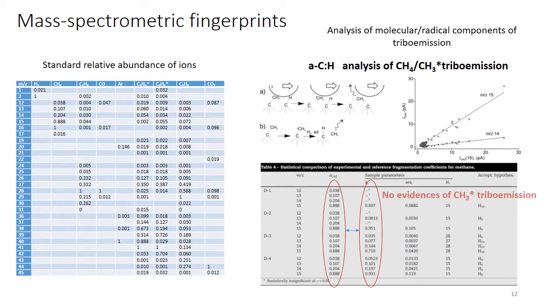And what was found is that in all cases these relationships were equal or smaller than the theoretical ones. So this means that there are no evidences of methyl radical triboemission.